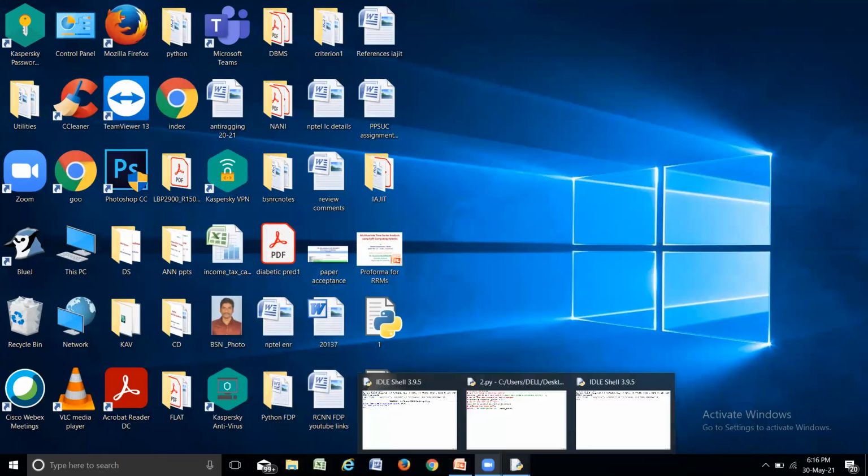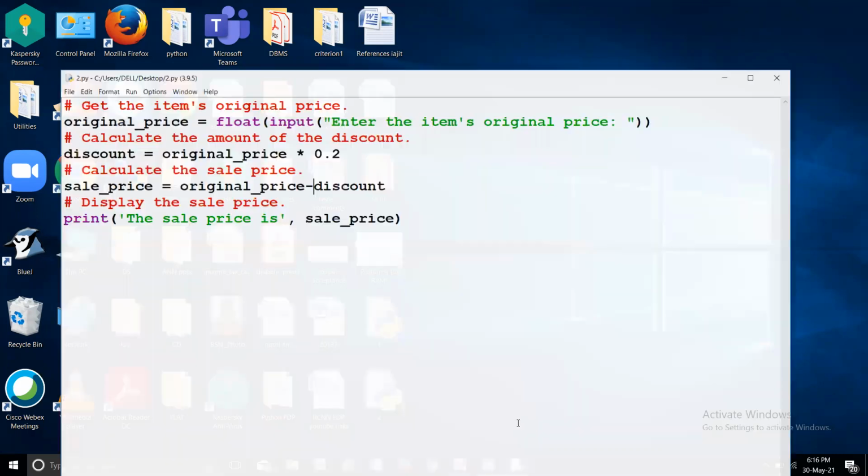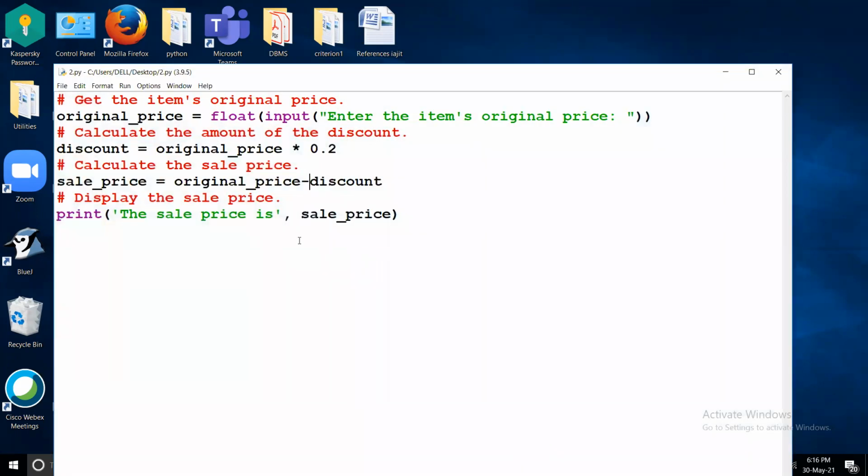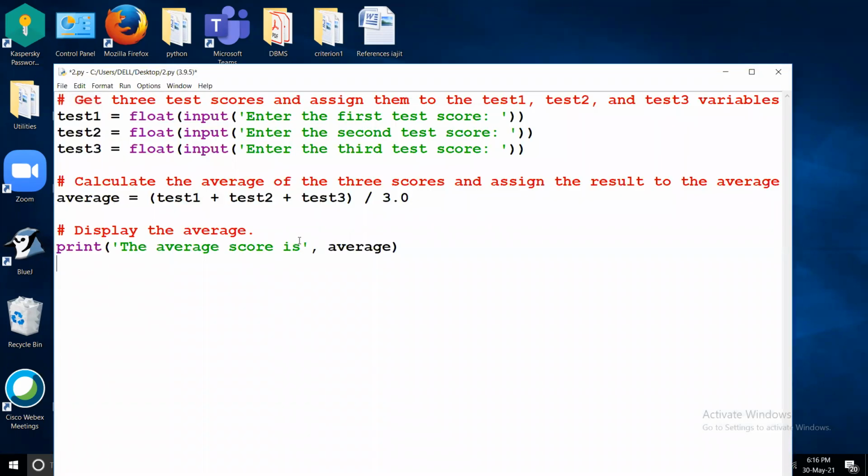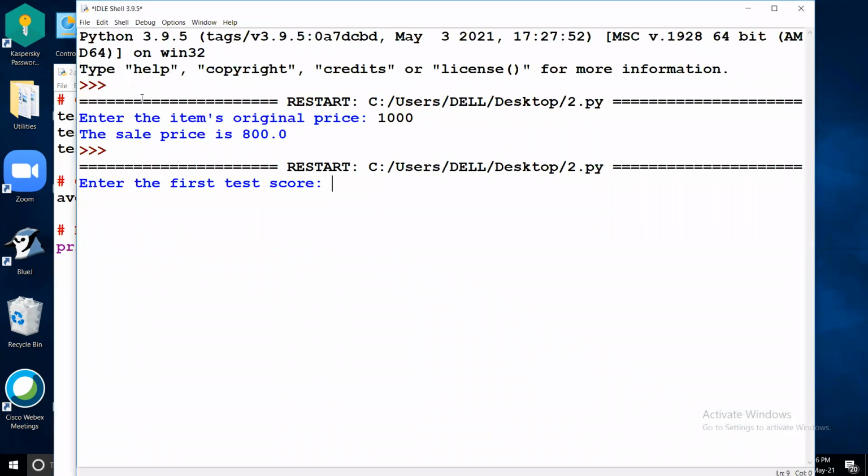Where is it? This is the file. So I'm going to use the same file. I don't want to create a new one. So 2.py again I'm using here. I'm saving it and I'll try to run it using this run module.